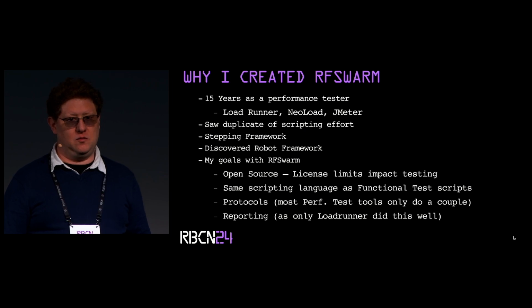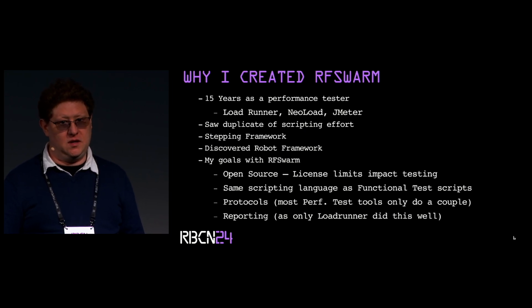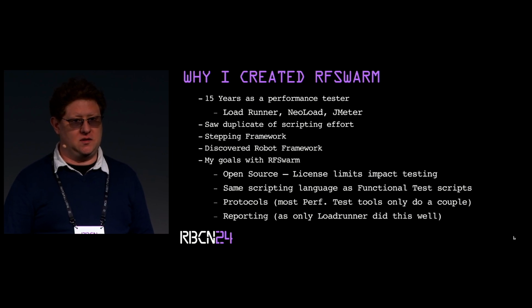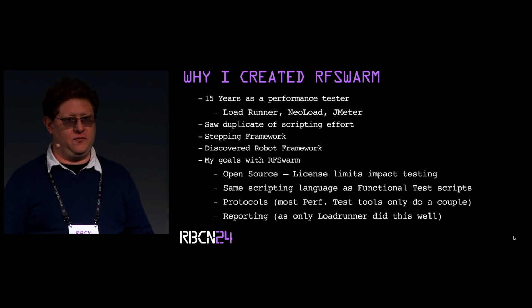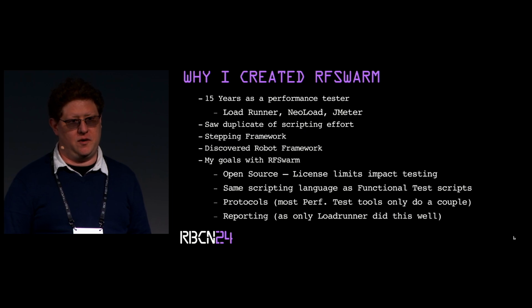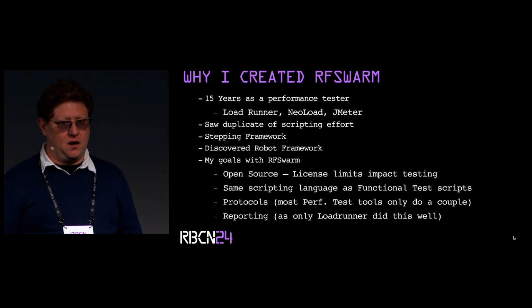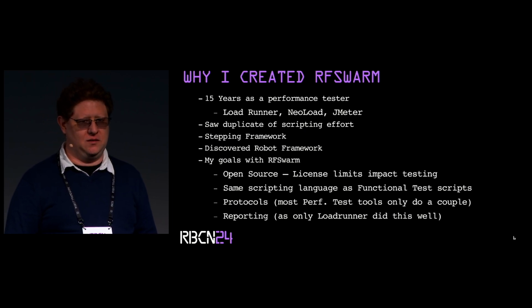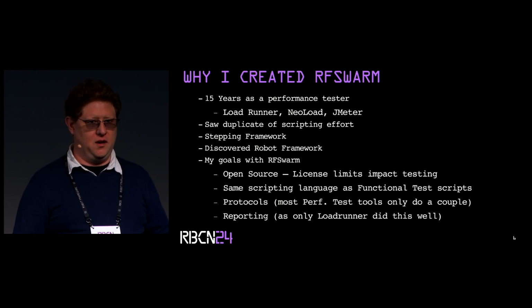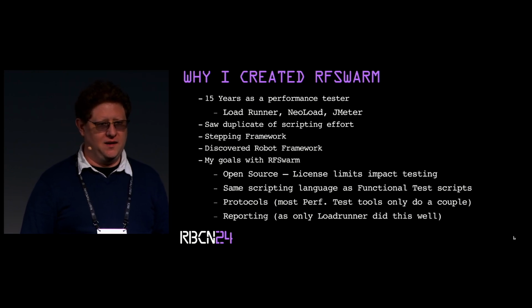And so the end result was, well, you've only got one option, it's LoadRunner, and we have to do recording of the direct network sockets, and then we have to figure out and reverse engineer the network protocol. So RFSwarm solves that problem as well, because you can do it in a more sensible way.